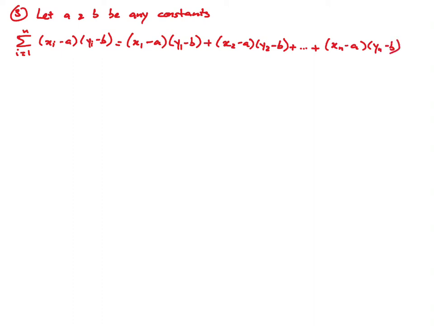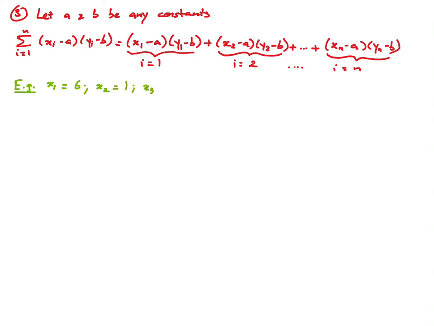The first term here is what you get when i is equal to 1. The second term is what you get when i is equal to 2, and so on and so forth, right? And then the last term here is what you get when i is equal to n. So again, let's look at a specific example. Suppose that x1 is equal to 6, x2 is equal to 1, and then x3 is equal to 2.